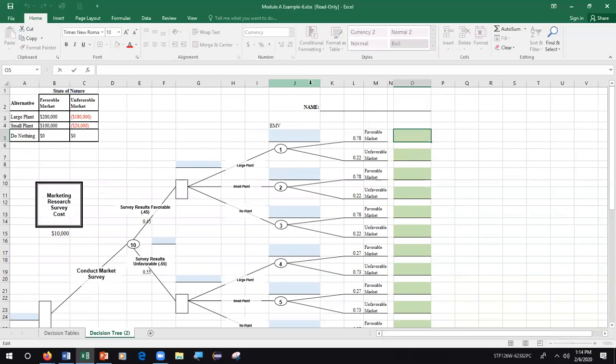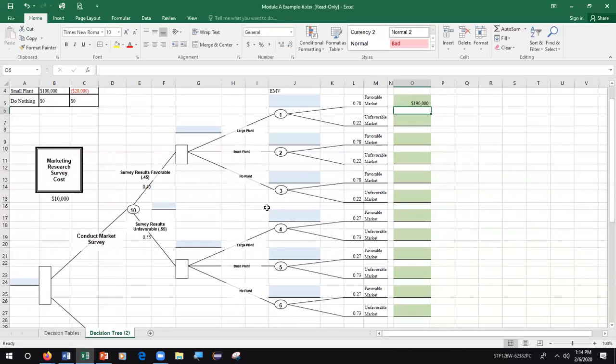So it would be equal to that, except for the fact that we already spent $10,000. So we've got to factor that into this far right scenario. So we need to minus that $10,000 cost on all of this stuff up here, this top node, this top branch, this top tree that includes the $10,000 market survey.